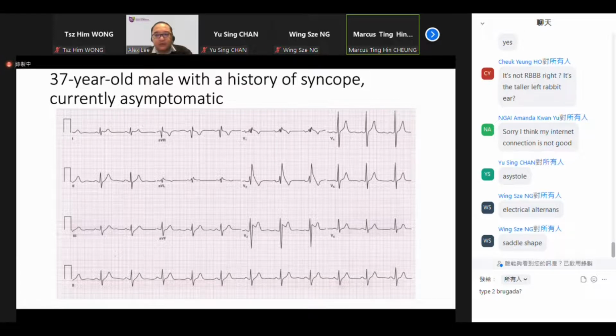How about the distribution of the ST elevation? It's not seen in the other leads. Right, it's not diffuse enough. It's not diffusely involving all the other leads, just locally, V1 to V3 mainly. So this speaks against pericarditis.